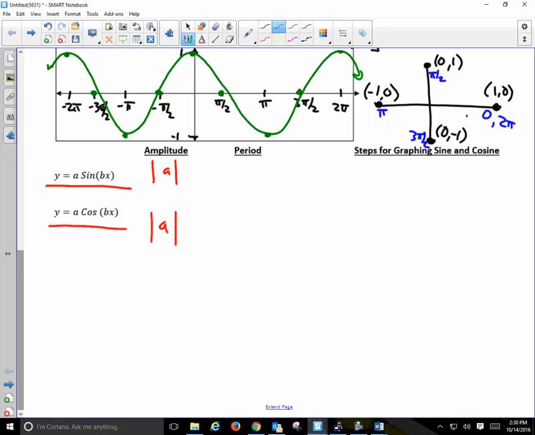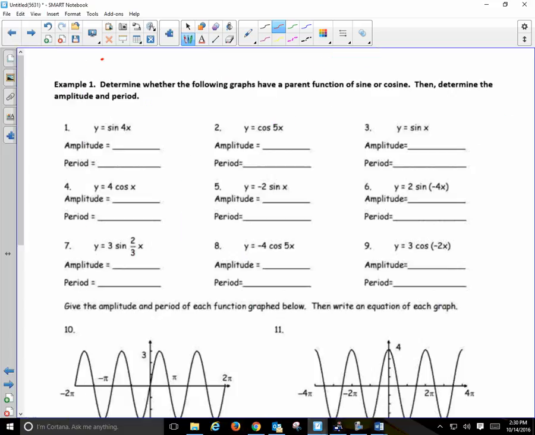A period is how often it repeats itself. To find the period, you take 2 pi, which is its normal period, but then you divide it by whatever the b value is. B is whatever number sits in front of x. And as long as you can use those two formulas today, you're going to be able to do most of your assignment. Flip it over, and let's try to find amplitude and period.